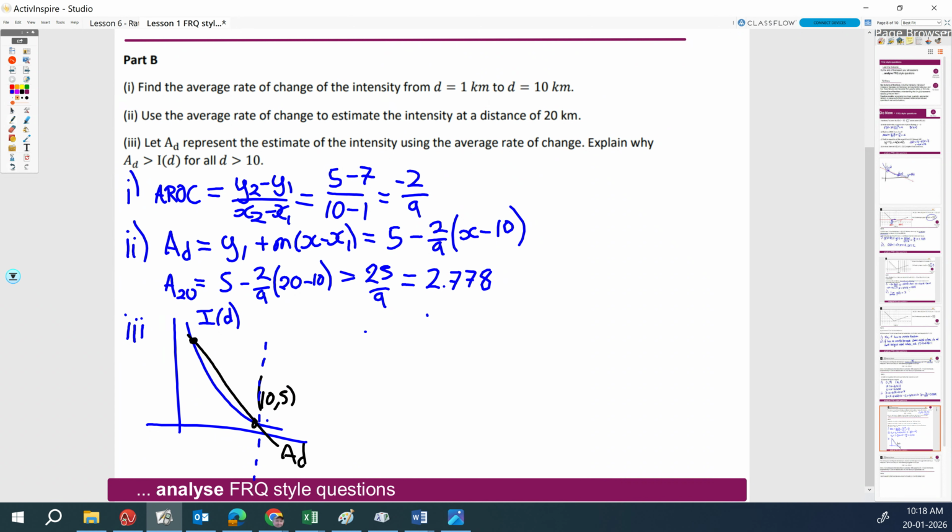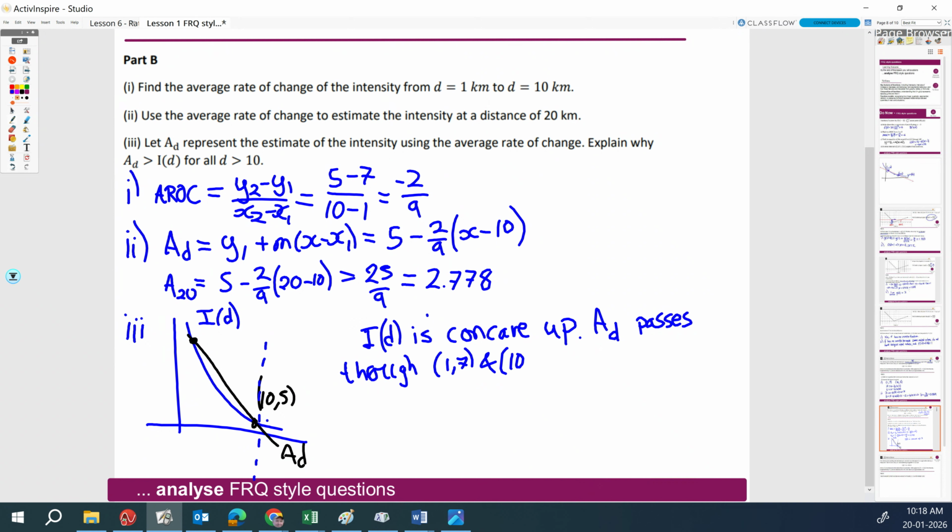So firstly we'll talk about I of D is concave up. A subscript D passes through 1,7 and 10,5.